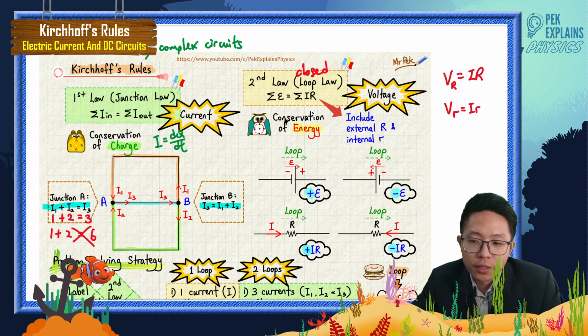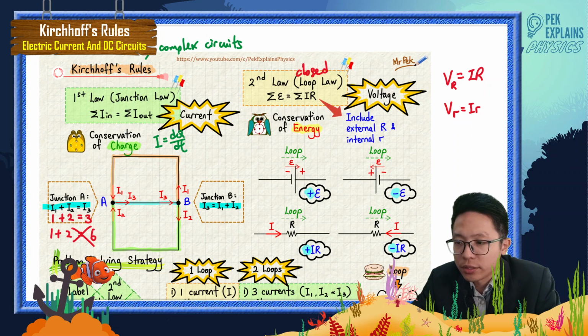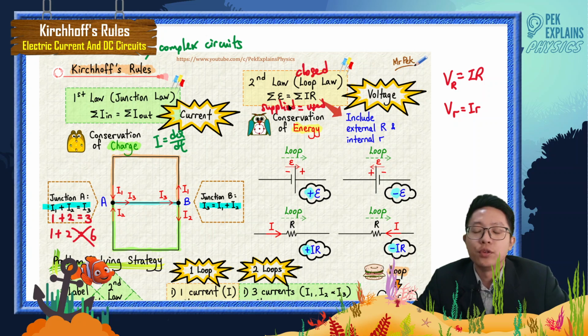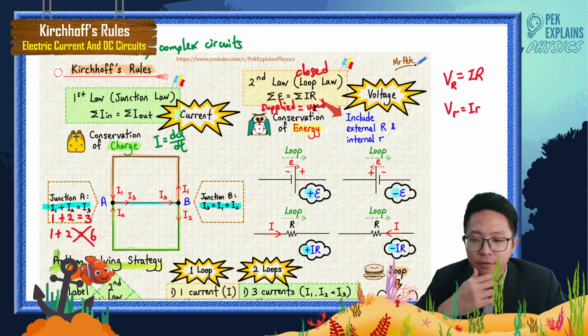Okay, so let us look. This one is actually the voltage supplied. The total EMF is actually the total voltage supplied, which must be equal to the voltage used by the resistor. The total supply must be equal to the total used by the resistor.